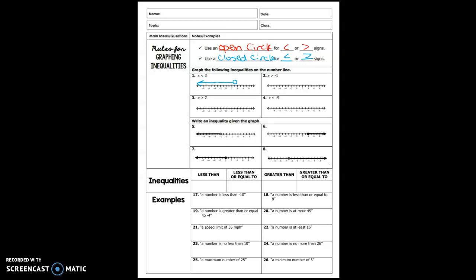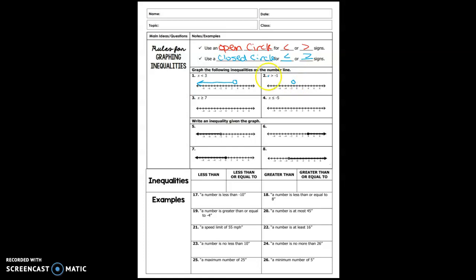On number 2, we want to go again to where our -1 is on the number line. So -1 is right here. Do we want an open circle or a closed circle? Hopefully you're thinking open circle, and we're going to draw an open circle right here so that you can see it pretty clearly.